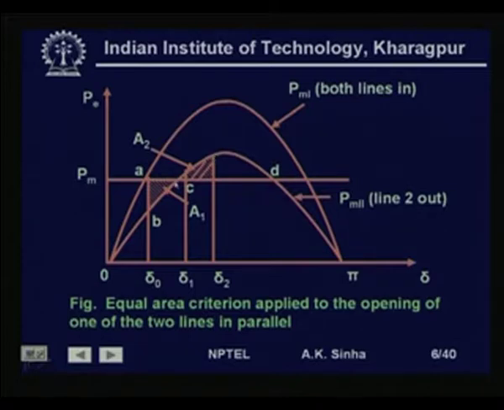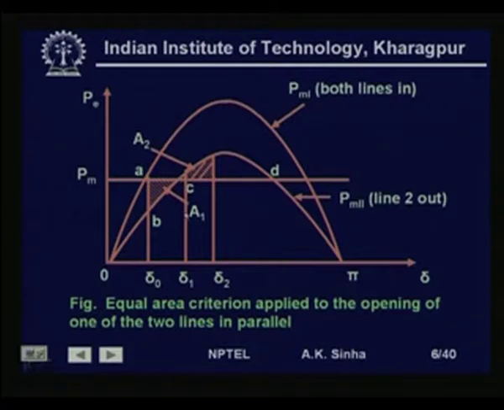So it will keep on moving like this, along this line, till the speed becomes equal to synchronous speed at this point. At that time, since there is more electrical power than the mechanical input, there is a retardation taking place, because of which delta will start going down.